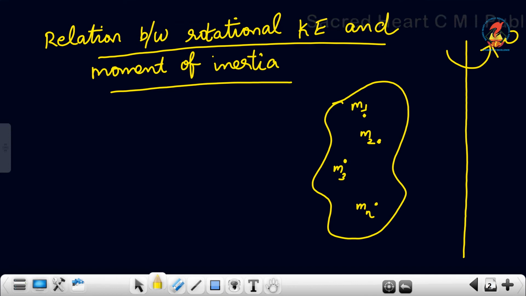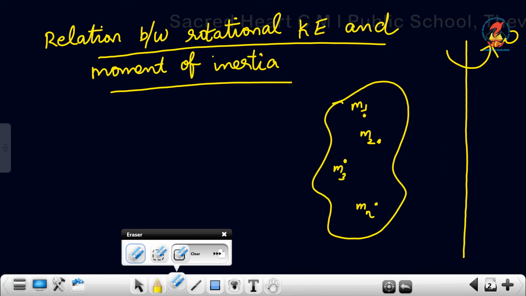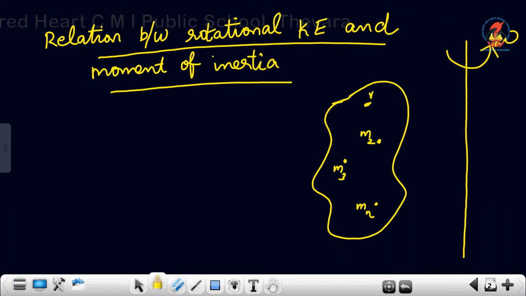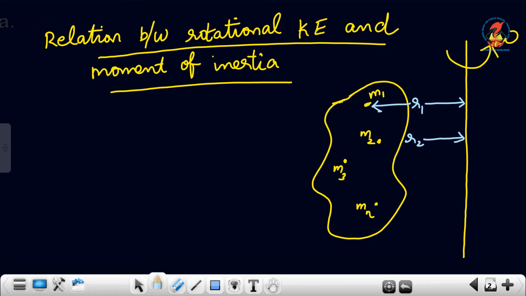There are n number of particles, and the distances from those particles to the axis of rotation are R1, R2, R3 and Rn.